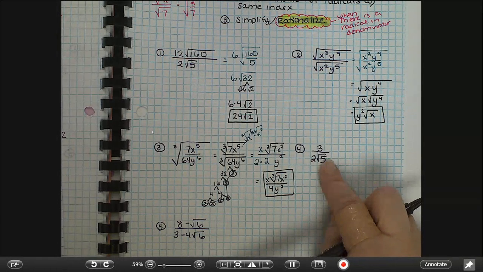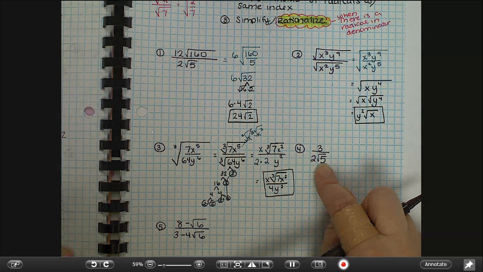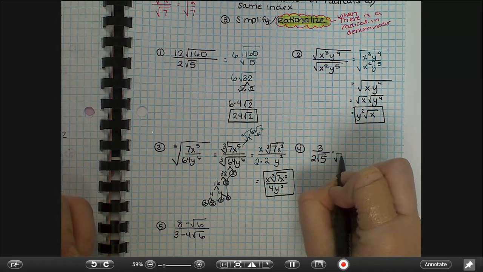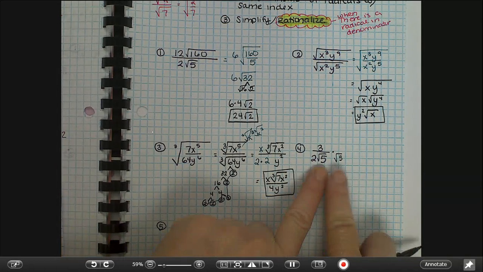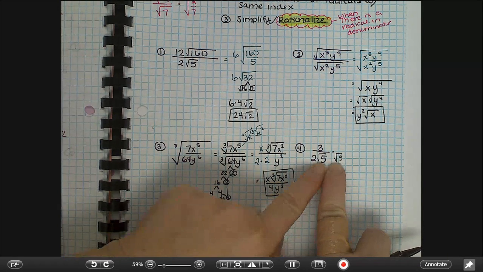This one has a warning sign, and that warning sign is that we have a radical in the denominator. That is not acceptable, so we need to figure out how to reverse that. In order to reverse it, we're going to multiply the denominator by the square root of 5, because the square root of 5 times the square root of 5 is the square root of 25, which is just 5.